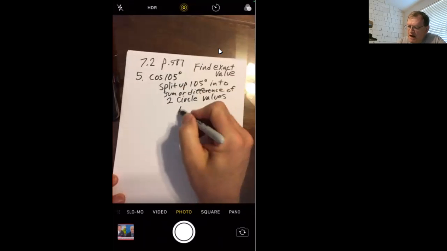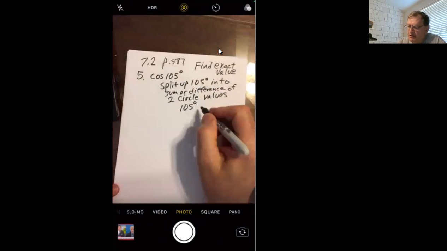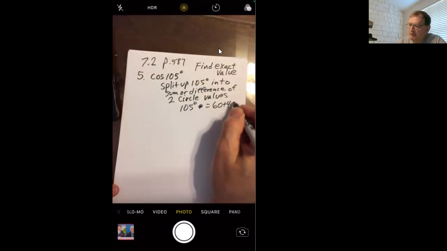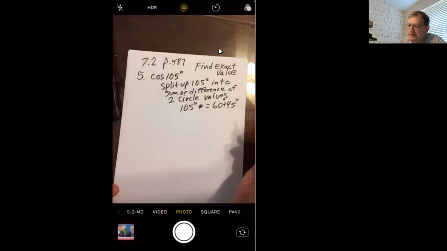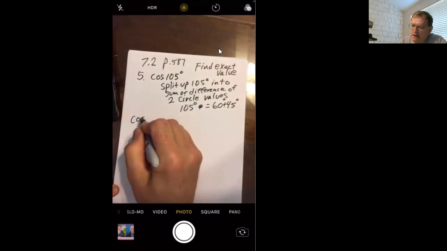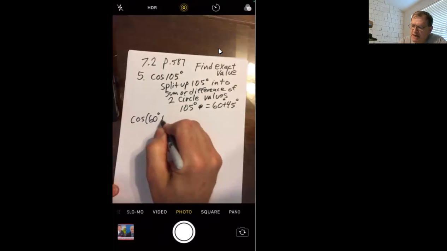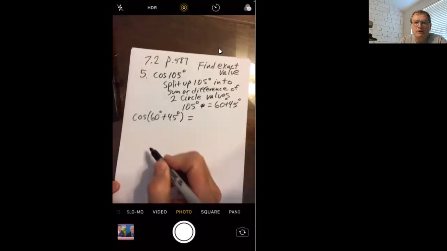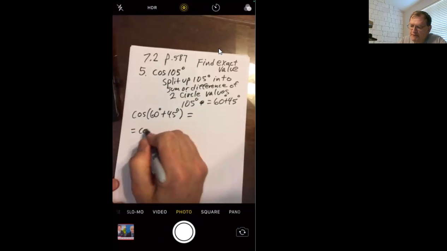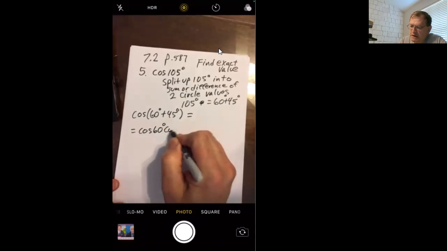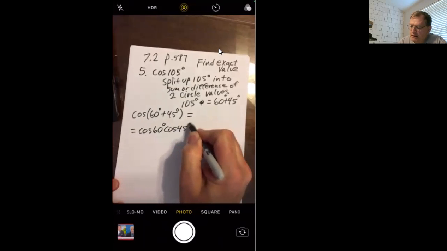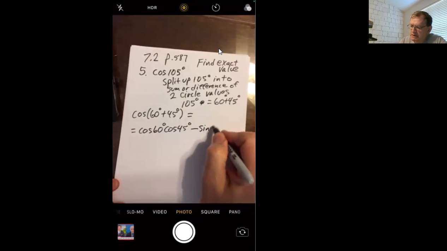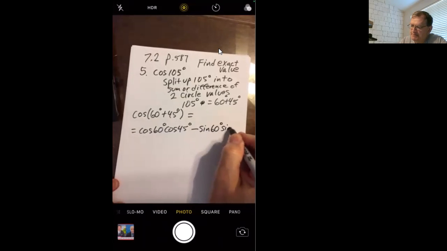Let's see, 105, and this can get arbitrary how you do it. Wouldn't it be equal to like 60 plus 45? Yeah. So we'll write this as cosine of 60 degrees add 45 degrees. And I'm sure you have the formulas memorized. That would go cosine of first, cosine of second, opposite sign in the middle, sine of first, sine of second.